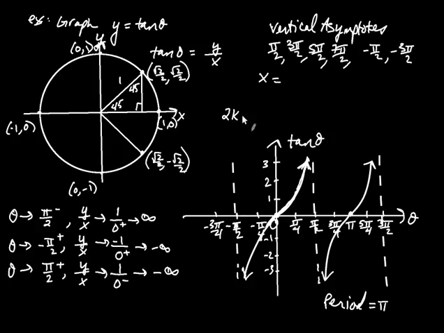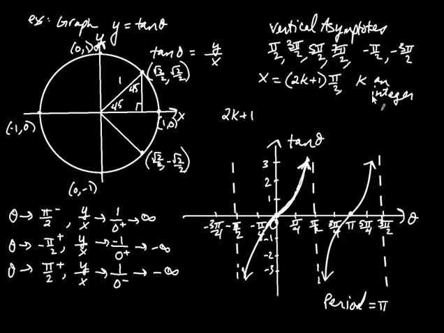Any odd number can be written as 2 times k plus 1. So for example, can you think of a way of writing the number 13? Well, 13 would be 2 times 6 plus 1. So we write the odd numbers in the following way. 2k plus 1 multiplied by pi over 2, where k is an integer.